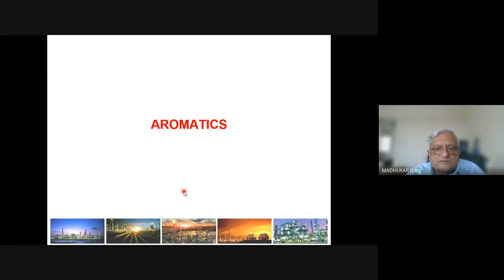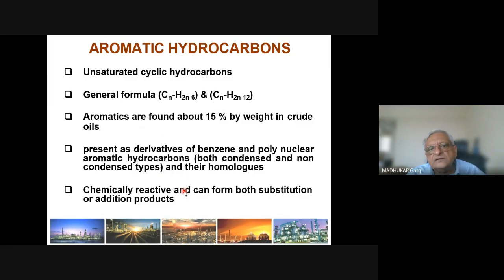Coming on to aromatics, this is very important from our perspective. Aromatics form one pillar of petrochemicals, and the other pillar is olefins.